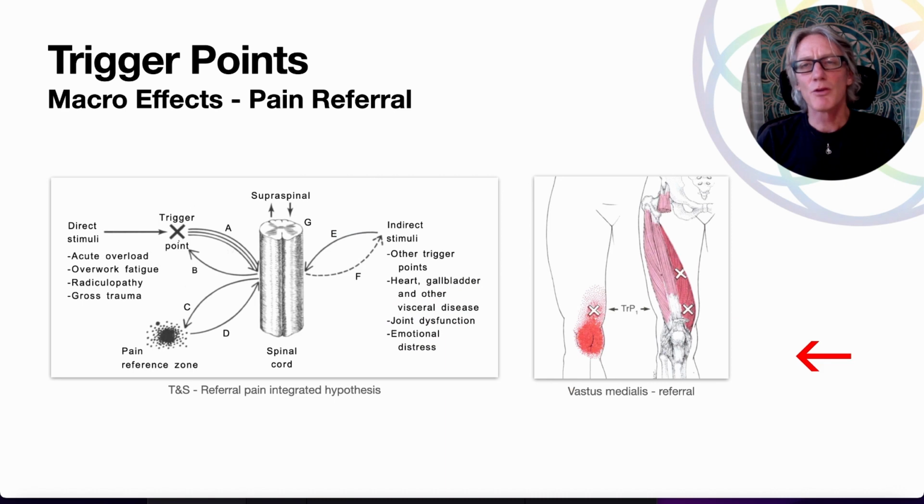So the way that pain referral works is that you get nociceptive signals coming into the spinal cord, and then we have what's called upregulation, where more and more of these signals are produced and coming in over time, and then you get these interneural connections at the spinal cord that upregulate that pain response, and you hit a threshold where all of a sudden this issue has to be brought to your attention, and the central nervous system decides you need to know about it and produces a pain response.